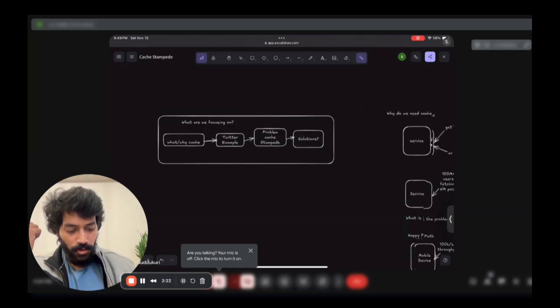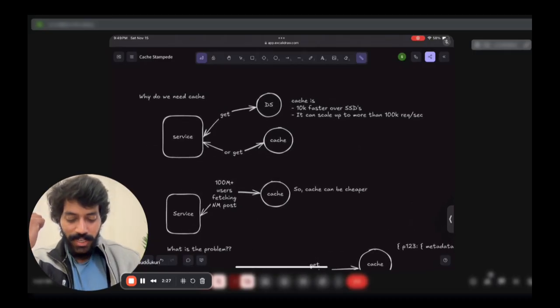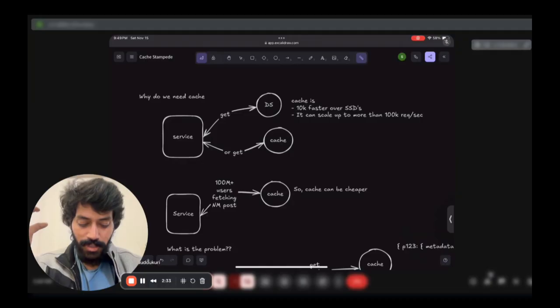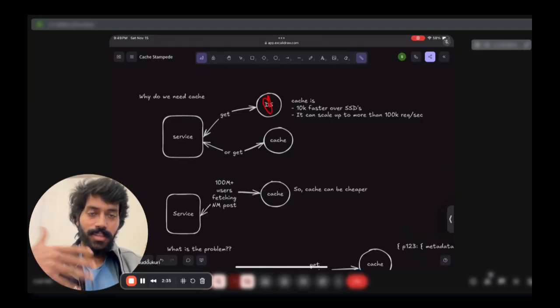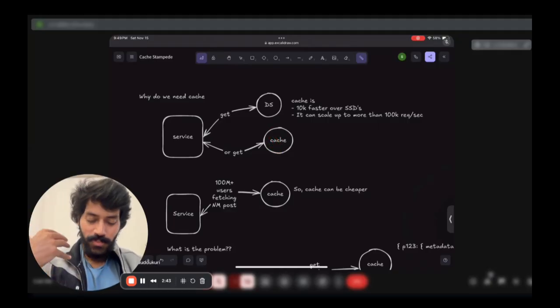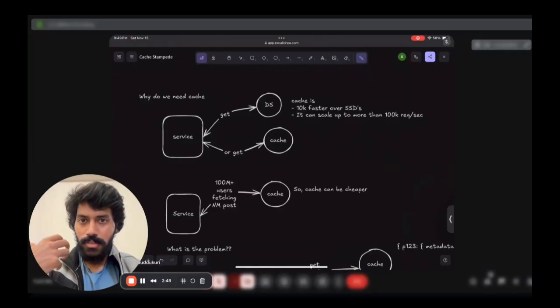First of all, why do we need a cache? You have your backend service, which would be getting data from the database or data store, but instead it can also look into the cache and see if the data exists. If so, it can get the data from the cache. Why do we need this?